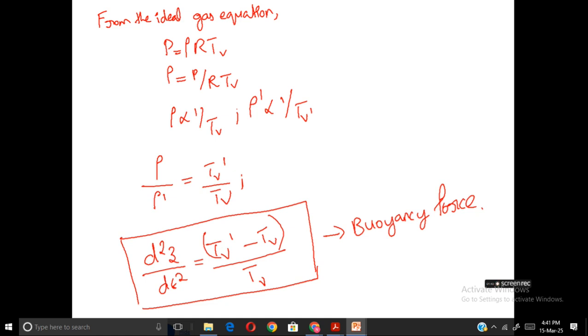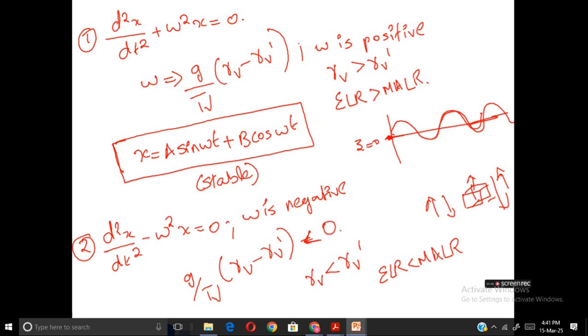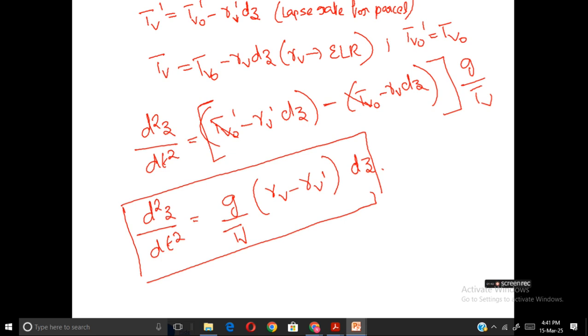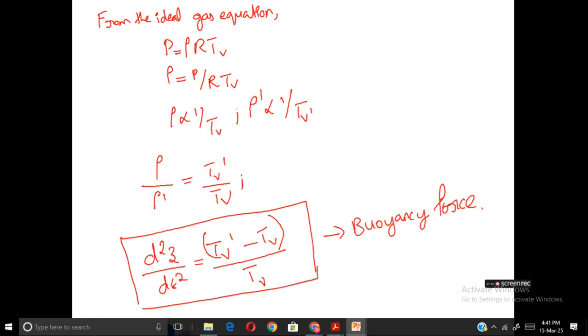When omega is positive, the atmosphere is stable, which means the parcel is having a higher temperature compared to the surroundings, the atmosphere will be unstable, whereas if TV dash is less than TV, it will be stable.